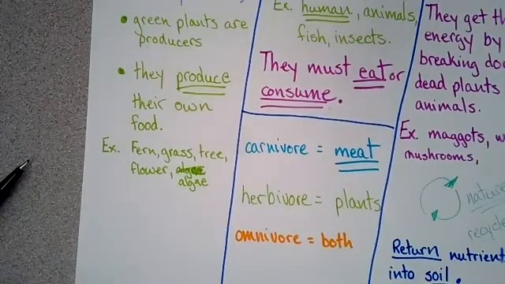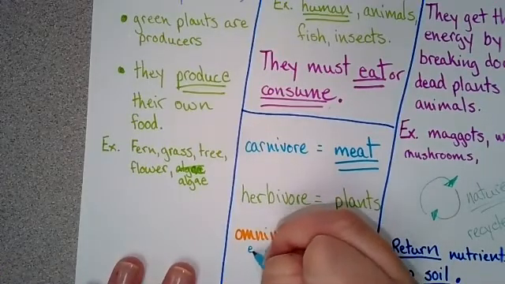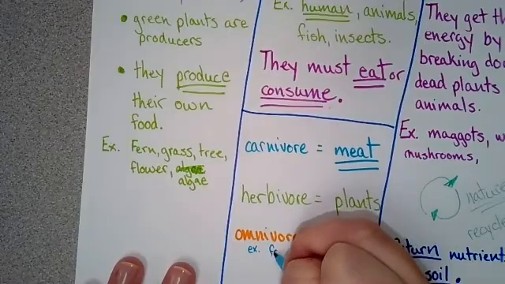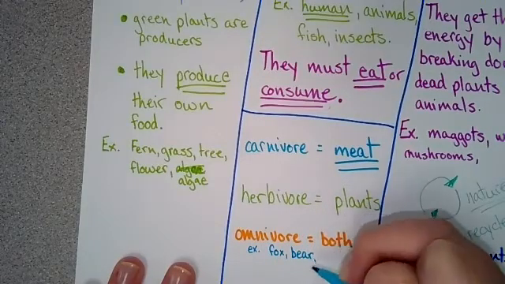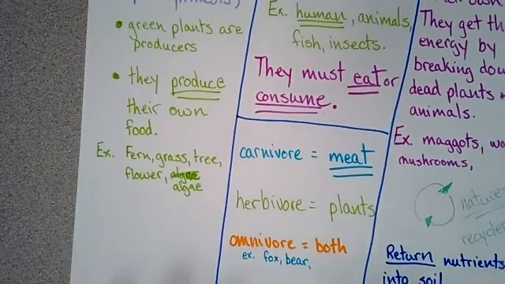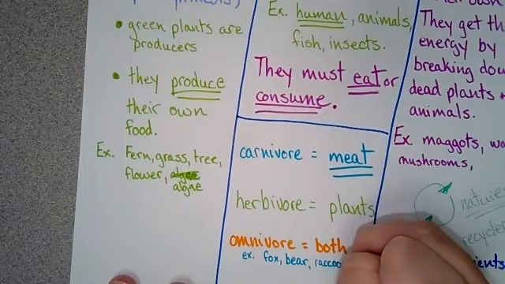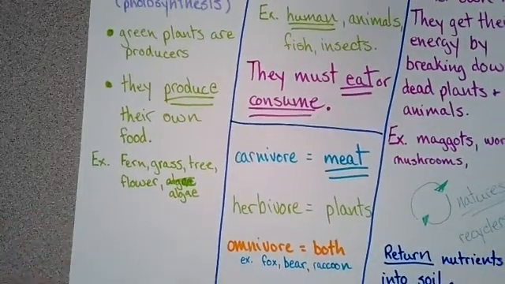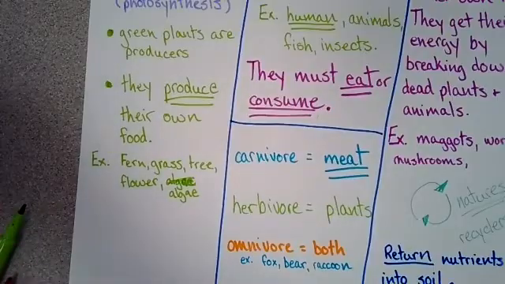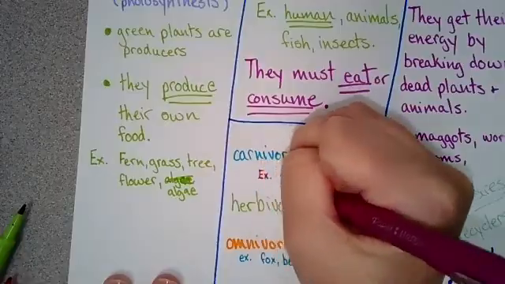Okay? So another omnivore, I'm going to give you an example. Example of an omnivore is a fox, a bear, a raccoon. Raccoon will eat anything. Okay, example of a carnivore is a lion.